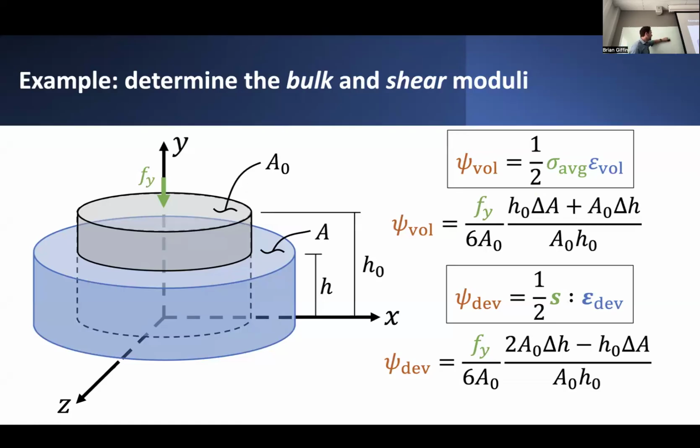Suppose we could measure these things. Suppose we had a stress strain plot. As we're loading up these different things, we can compute the amount of applied load that we're putting on this thing, and we can compute at different stages through the loading how the relative height of this cylinder and its cross-sectional area are changing.